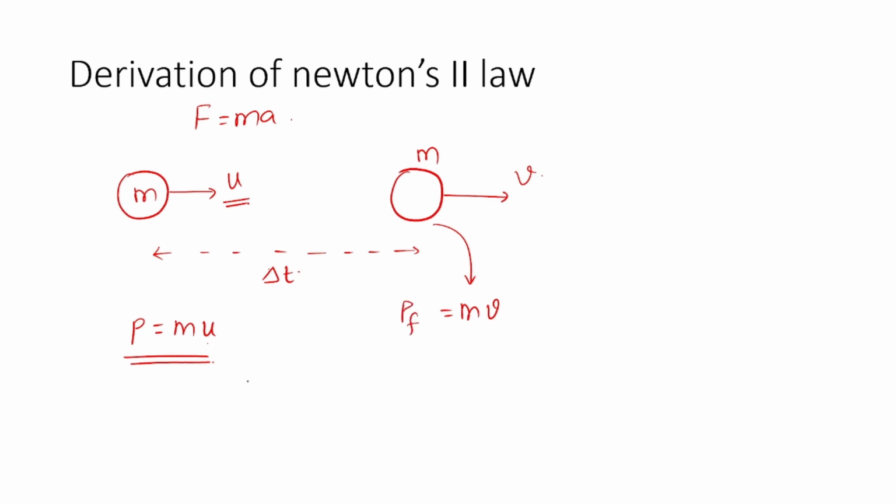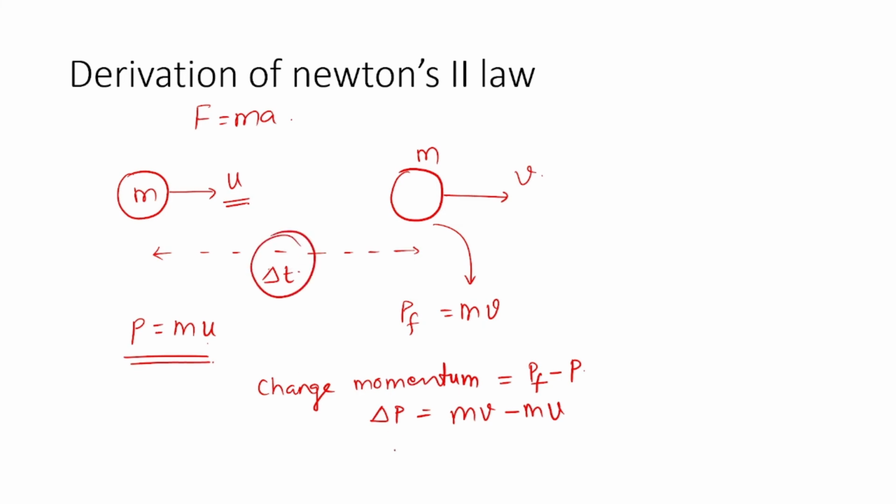So we can write the change in momentum as pf minus pi, where pi is the initial momentum. So delta P is equal to mv minus mu. Now this change in momentum is happening in a certain time, and that time is delta t.